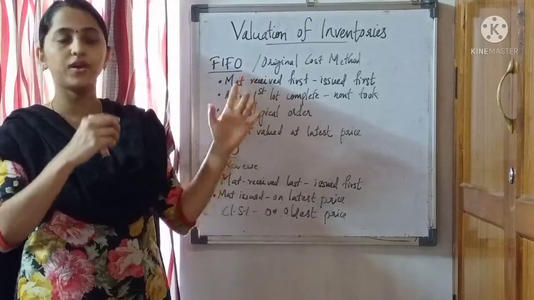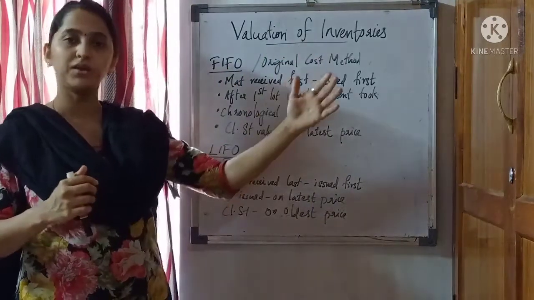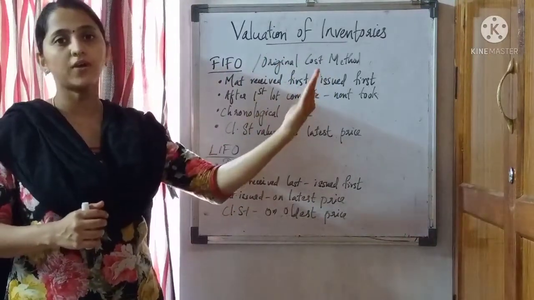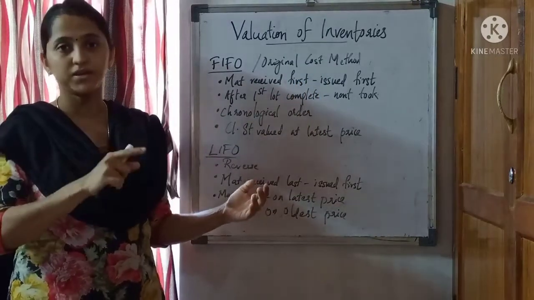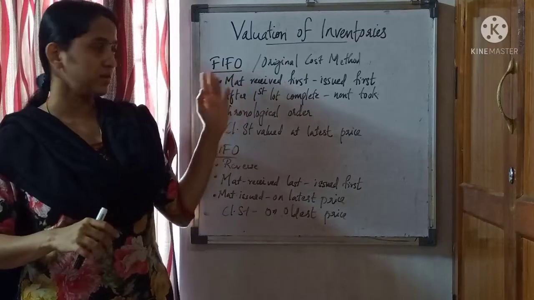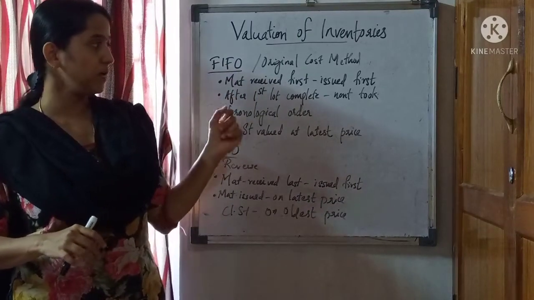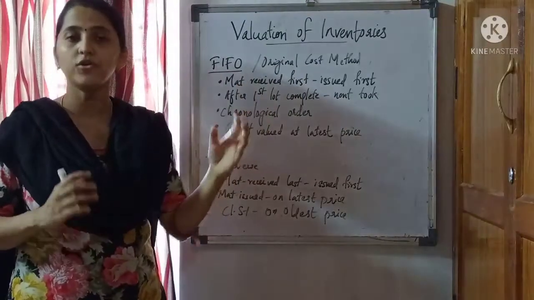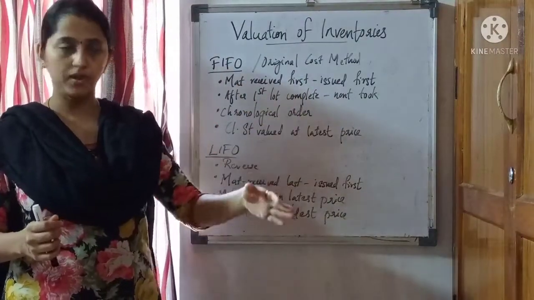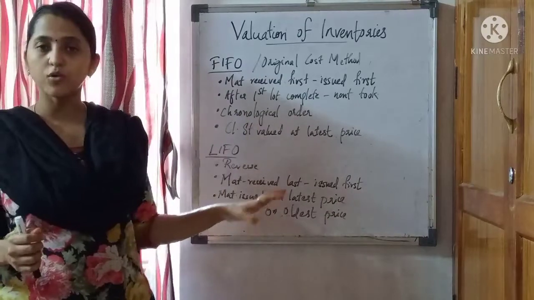If we receive material A and material B, and first we have received material A, then we'll first issue material A. That is the concept of the FIFO method. Once material A's stock is completed, we'll move on and issue material B. So there is a chronological order.